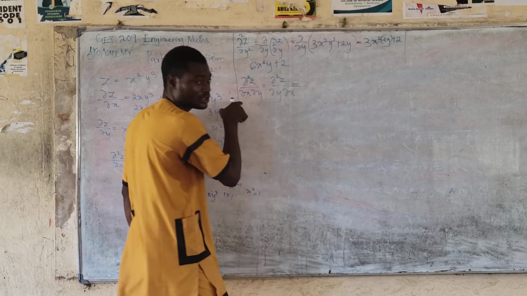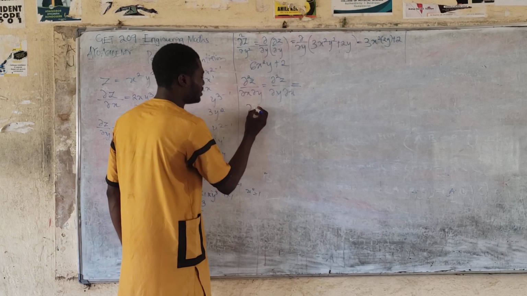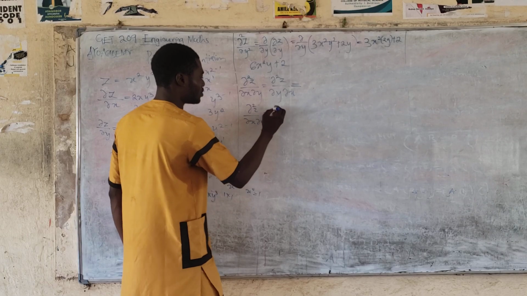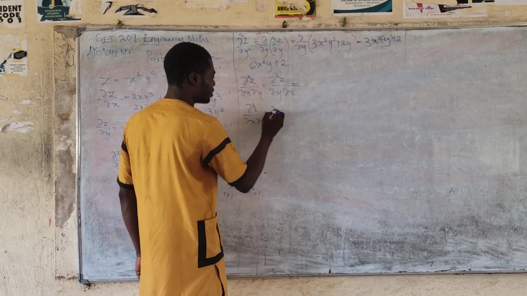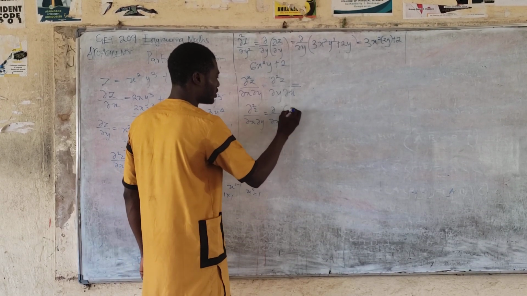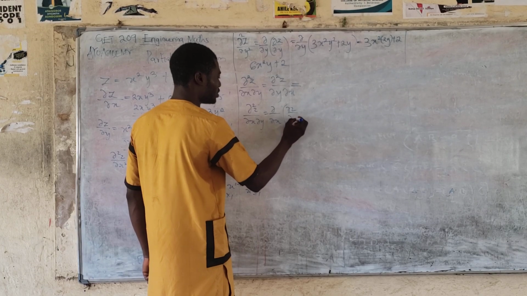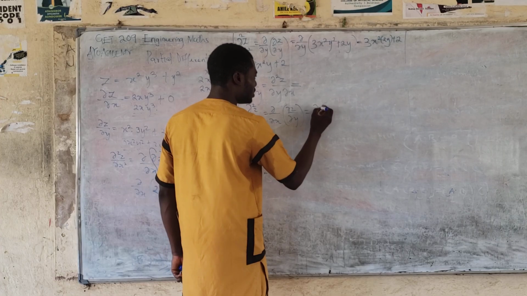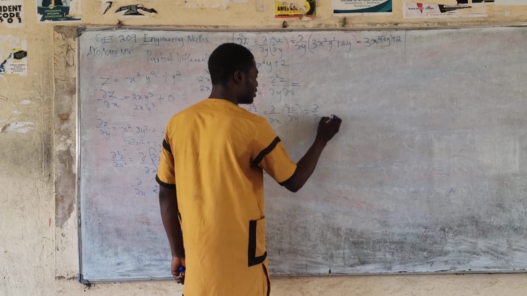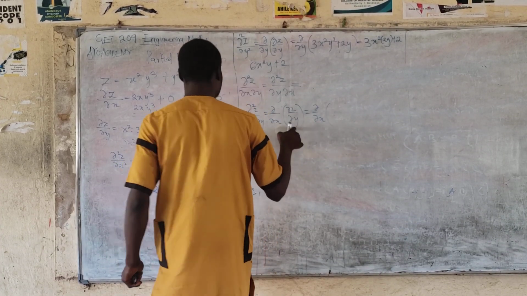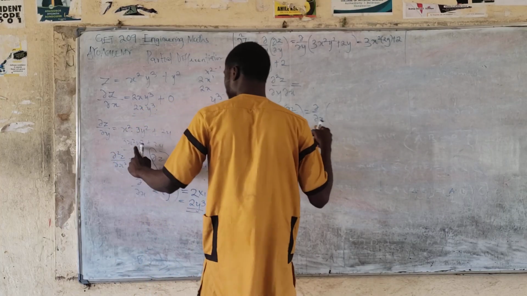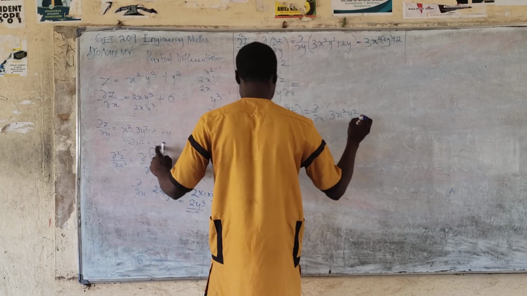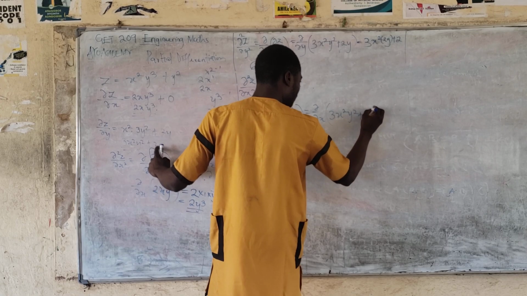So let me firstly work on this one. I will have d squared z over dx dy. So it will now become d over dx into dz over dy, which we already have here as 3x squared y squared plus 2y.